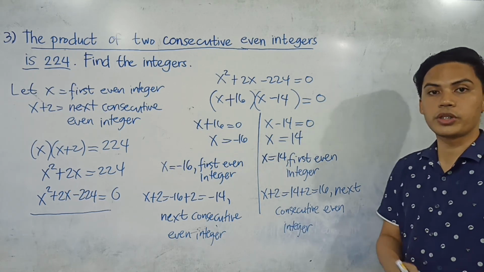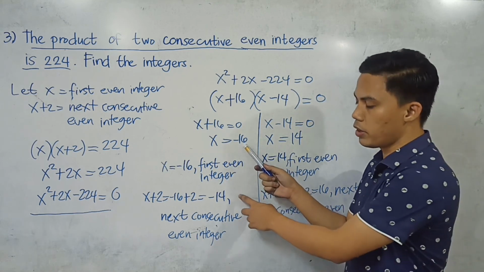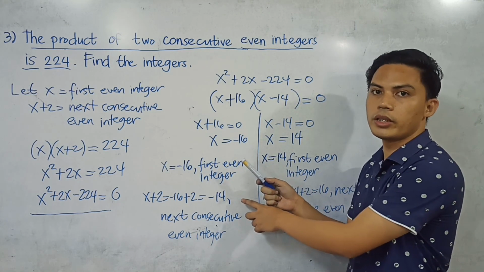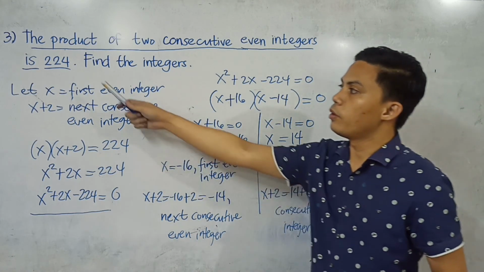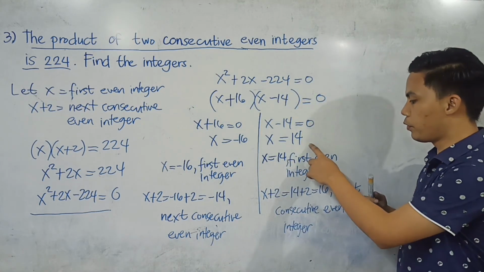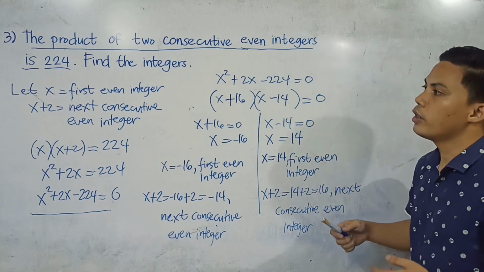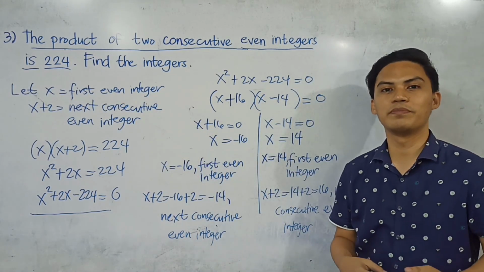So if we're going to check kung tama ba yung sagot natin, halimbawa negative 16 and negative 14 yung magiging sagot natin, you will have negative 16 times negative 14, it would be positive 224. And positive 14 times positive 16, still you will get positive 224.